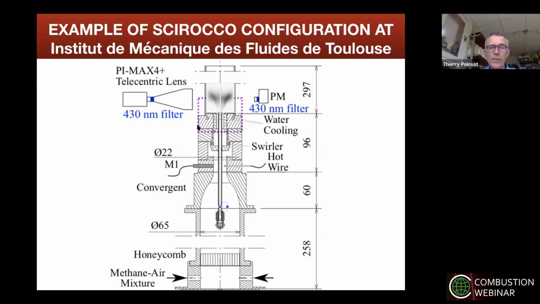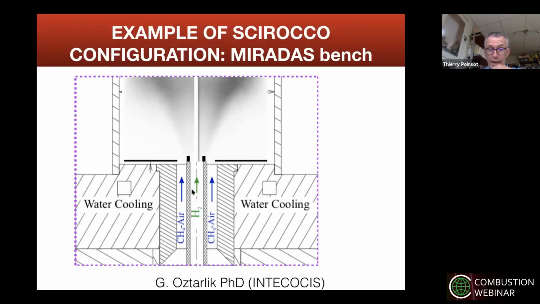Now, if you zoom on the top of the chamber here, this is the combustion chamber. This is the injector of CH4 and air, and this is swirling. Remember, there is a swirl rotation here. And in the middle, you can use this small tube, which has been added, to inject a little bit of H2.